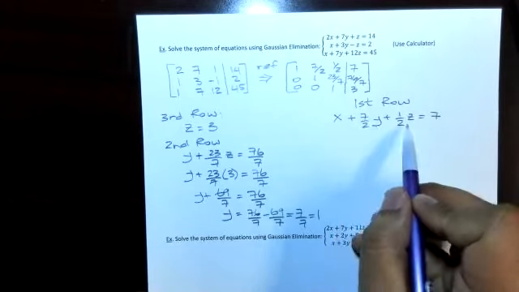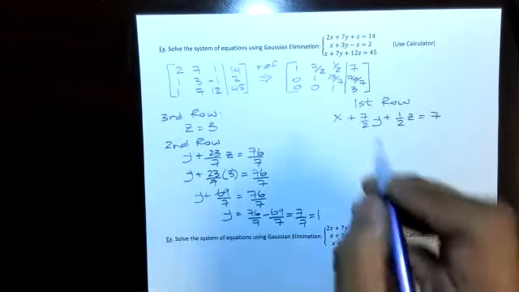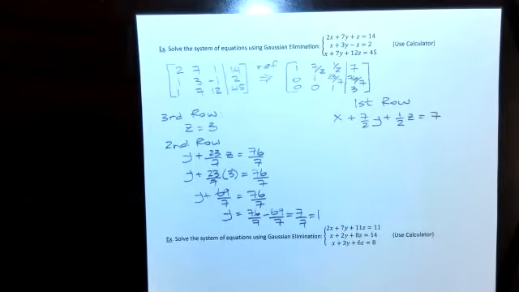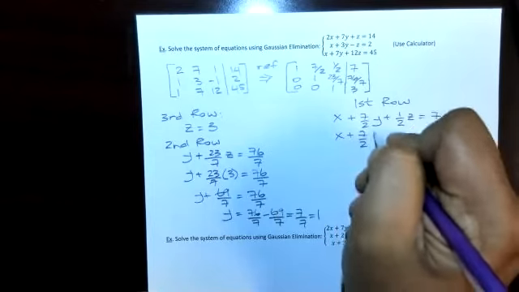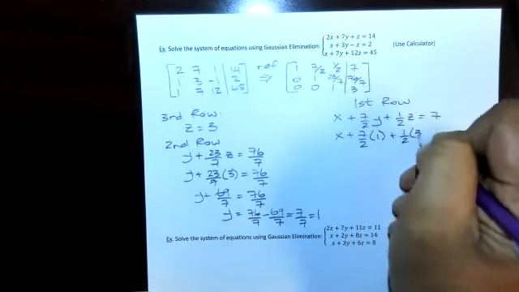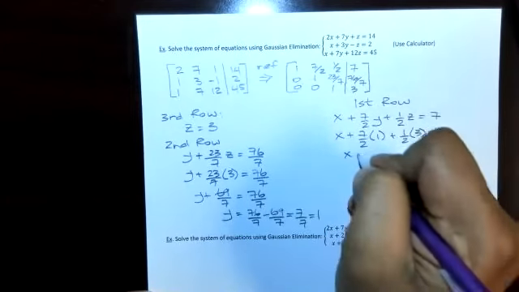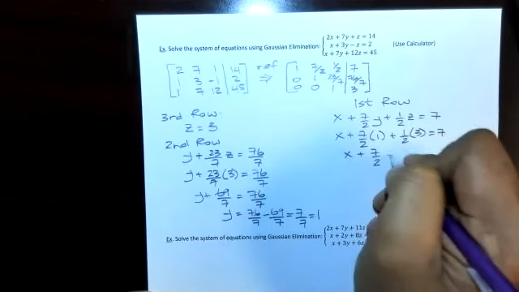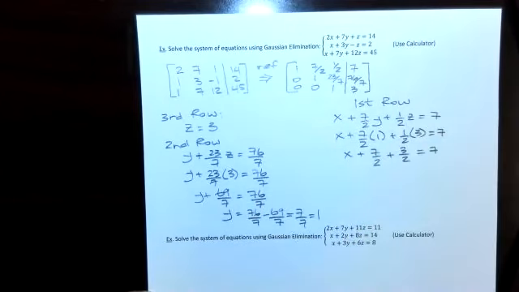I know the values of y and z. y equals 1 and z equals 3. I'm going to plug those values into this equation. So x plus 7 over 2 times 1 plus 1 over 2 times 3 equals 7, or x plus 7 halves plus 3 halves equals 7.